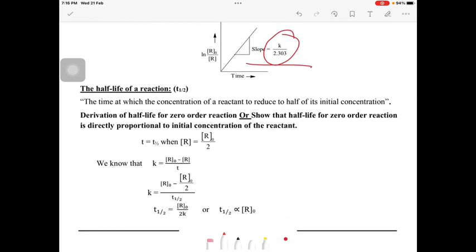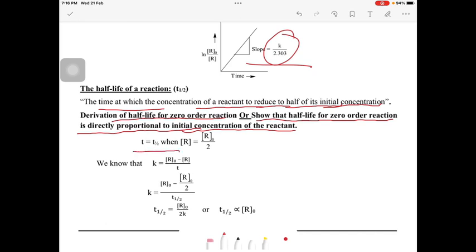Half-life of a reaction. The time at which the concentration of reactant reduces to half of its initial concentration. Derivation of half-life for zero order reaction, or show that half-life for zero order reaction is directly proportional to initial concentration of reactant. t is equal to t half when [R] is equal to [R]0 by 2.